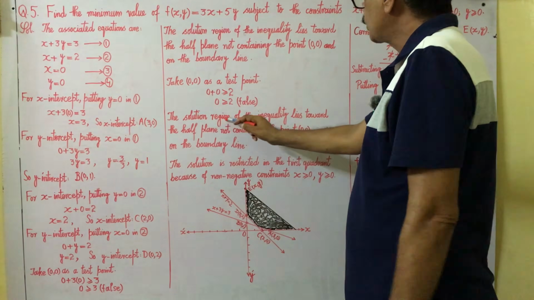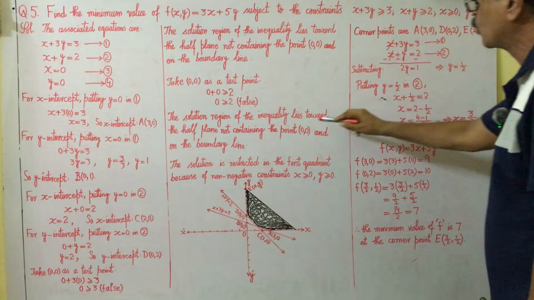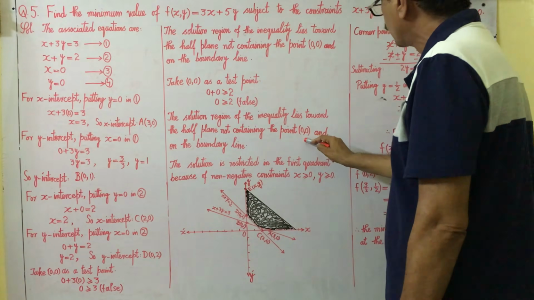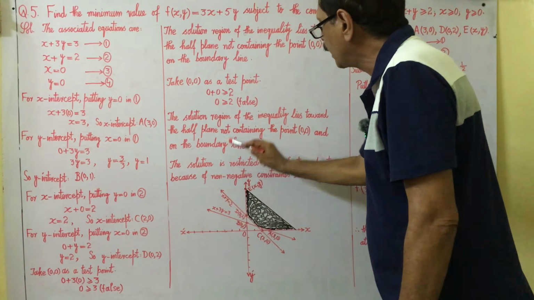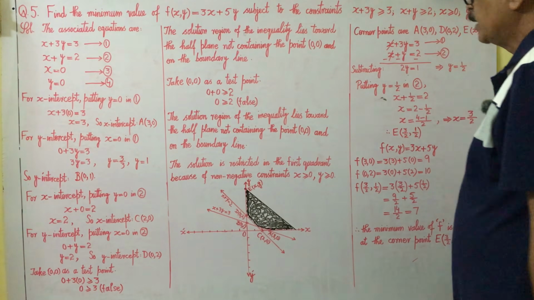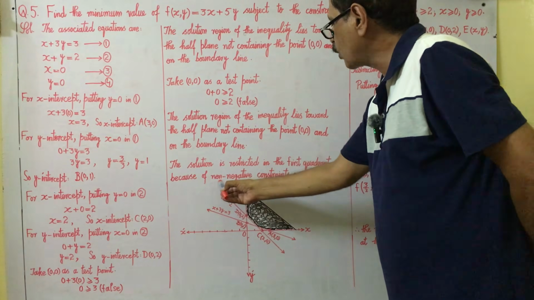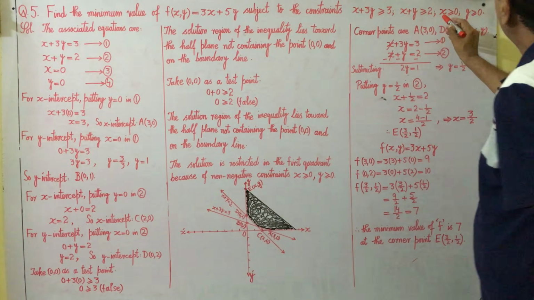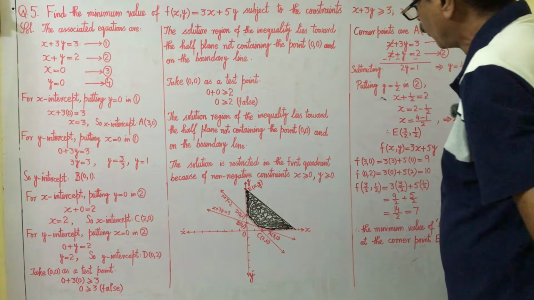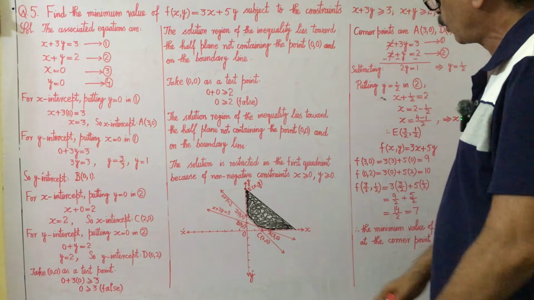This shows that the solution region of the inequality x + y ≥ 2 lies towards the half plane not containing the point (0, 0) and on the boundary line x + y = 2. The solution is restricted in the first quadrant because of the non-negative constraints x ≥ 0, y ≥ 0, because x and y coordinates are positive in the first quadrant.